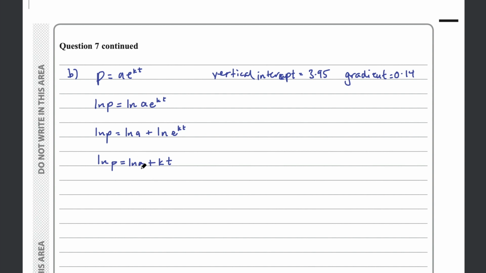This would be the y-intercept. This would be the gradient times the variable. So using that idea, we can say if the vertical intercept is 3.95, therefore ln a equals 3.95, and k being what we'd use to represent the gradient of a straight line graph, k would equal 0.14.